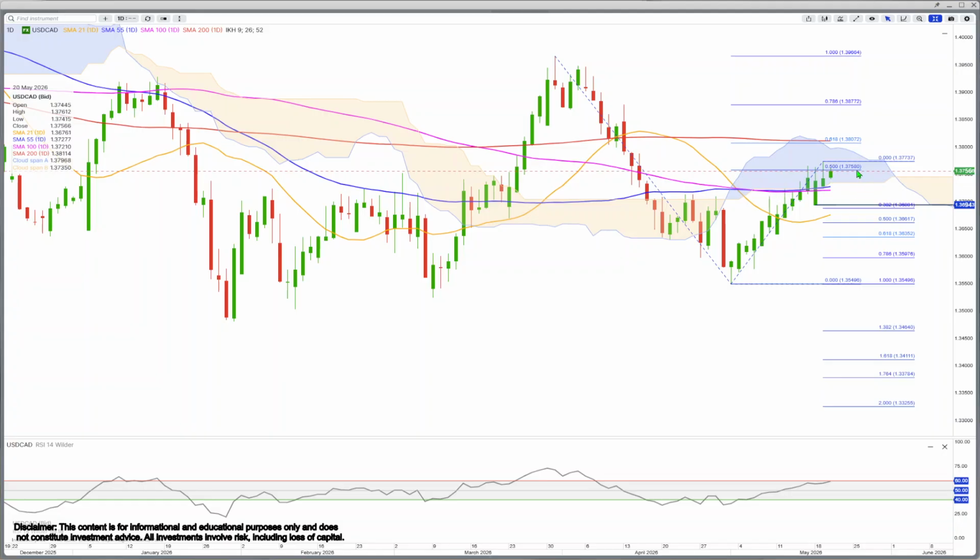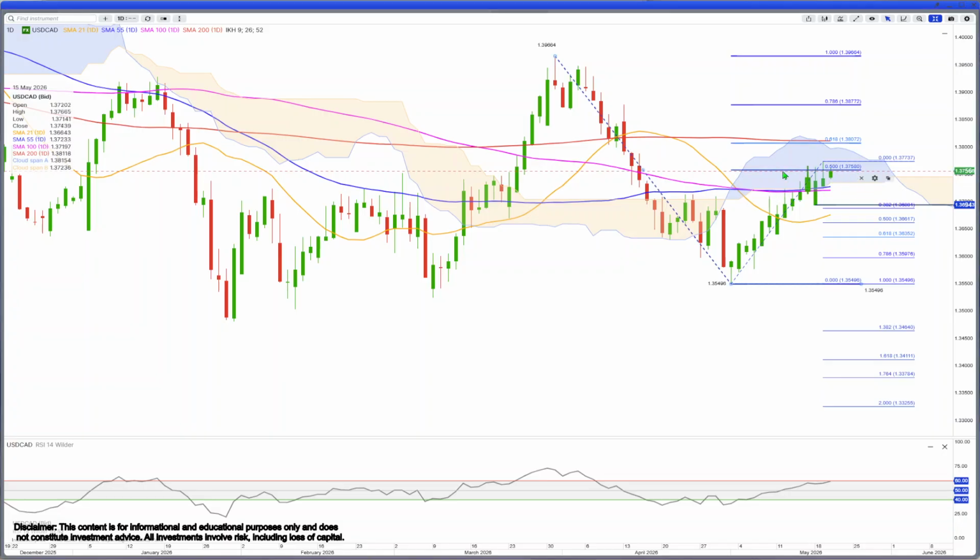Dollar Canada, well, still hovering around the 50% retracement of this downside trend there. We are in the cloud just above the 55 and 100 moving average, and they are both slightly rising.